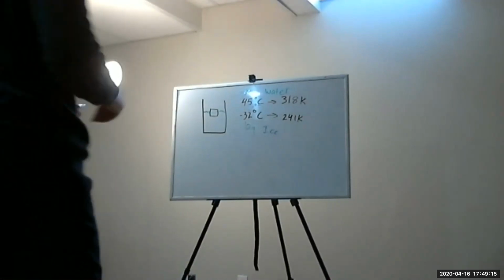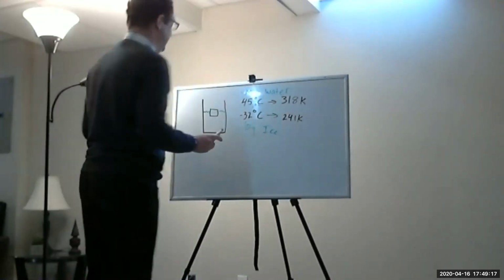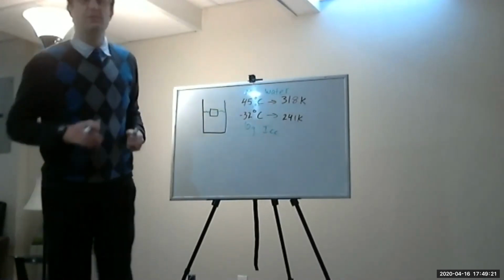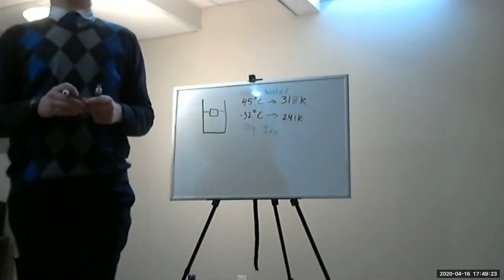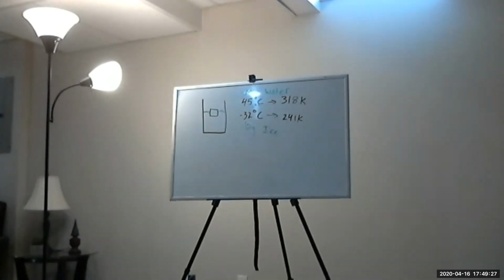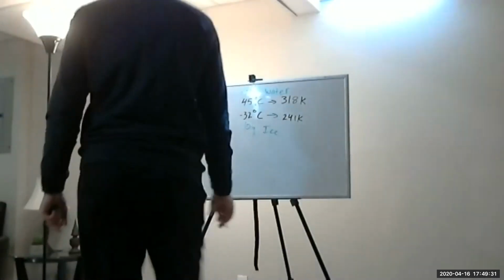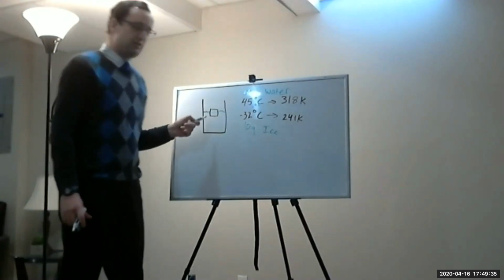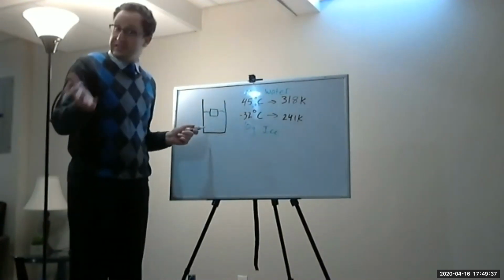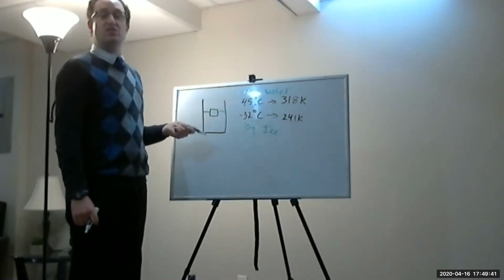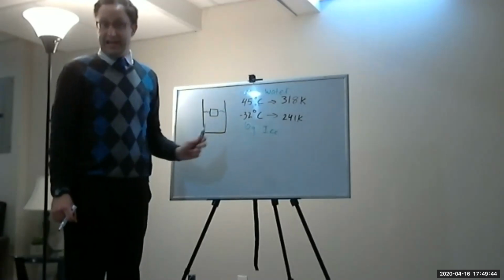With that said, the key idea with this method of mixtures is that because thermal energy is a type of energy, we can apply conservation of energy. That is to say, whatever energy the water loses because it cools down when it's in contact with the ice, that energy the ice will gain.